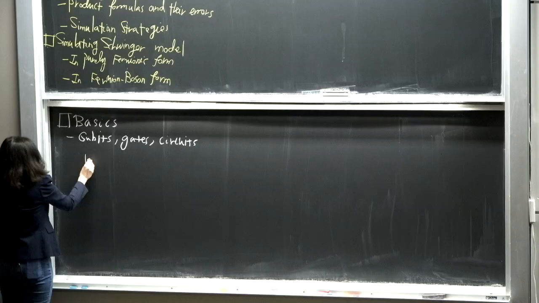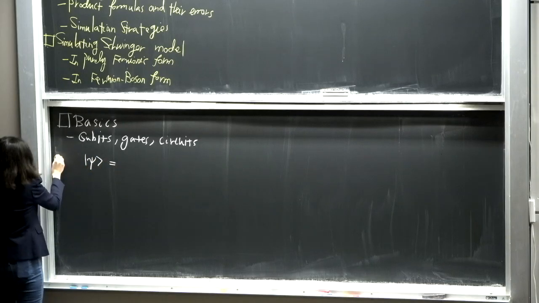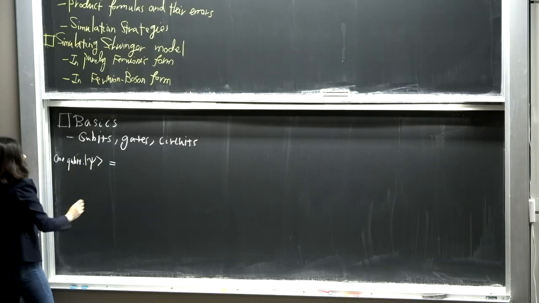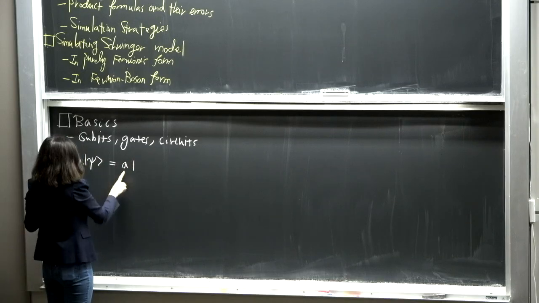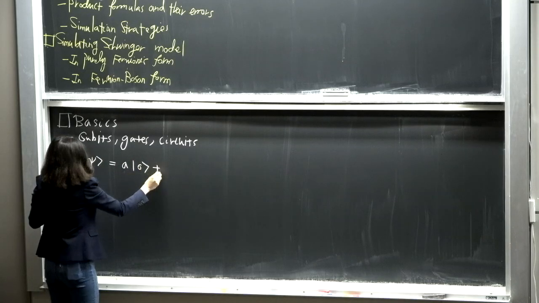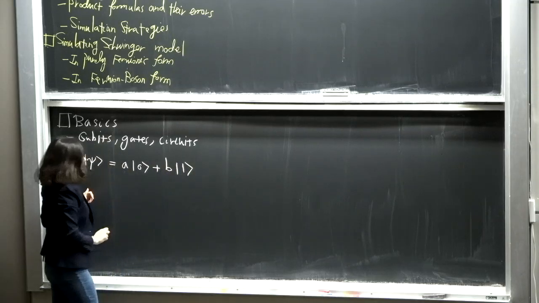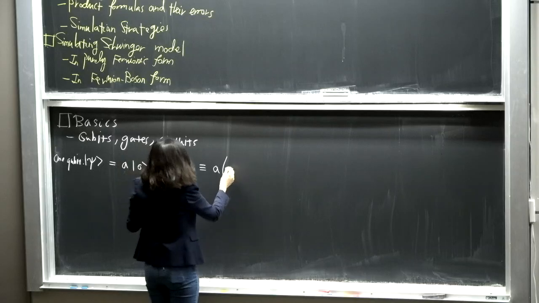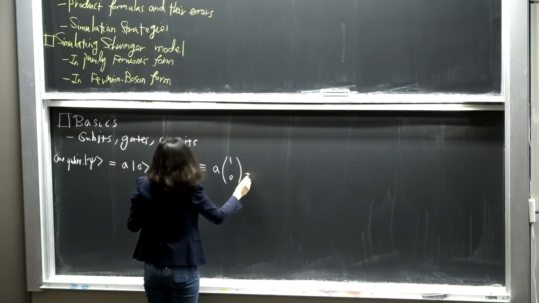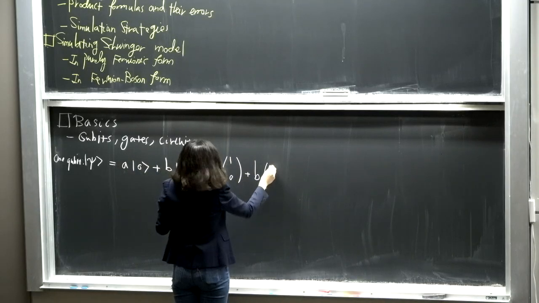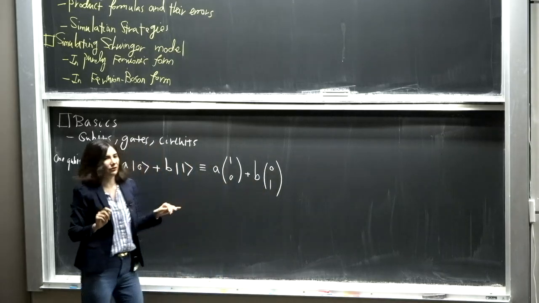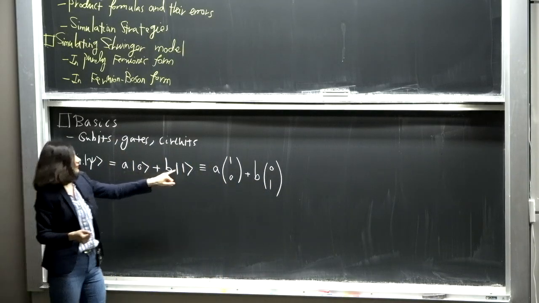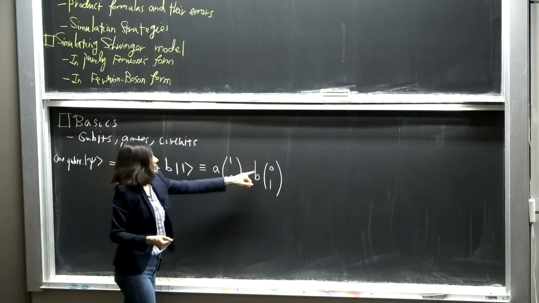But in any case, at the formal level, a 1-qubit state is simply some amplitude A times |0⟩ plus some amplitude B times |1⟩. Or in the vector form, I can write it as A(1, 0) plus B(0, 1). It's a bit counterintuitive that in quantum information science, the lowest energy is kind of the up as opposed to down.